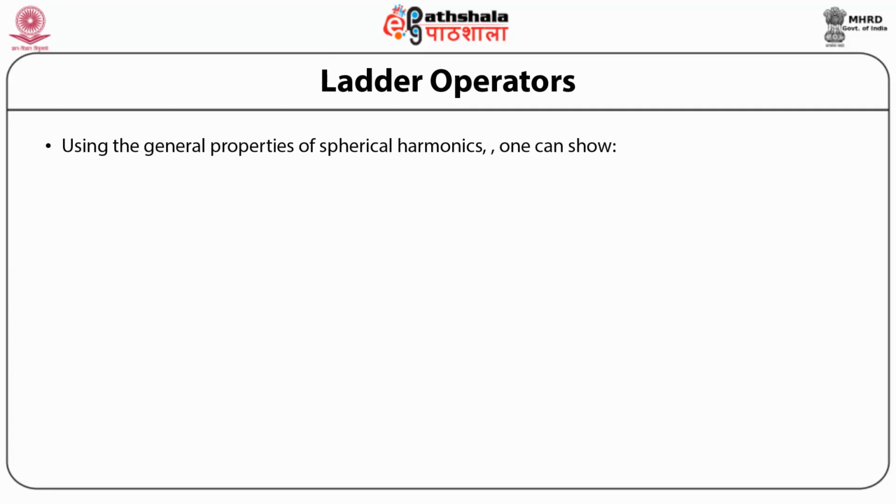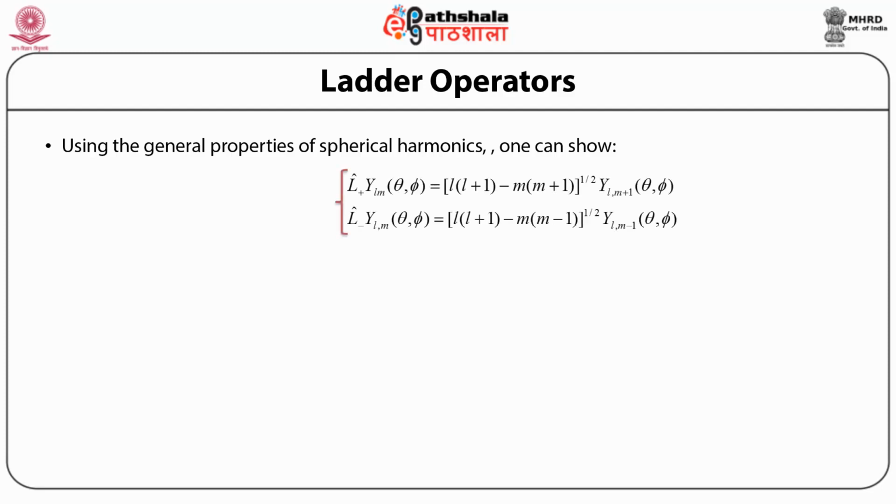Now, using the general properties of spherical harmonics, we can show that operator L plus acting on Y_lm(θ, φ) is equal to the square root of [l(l+1) − m(m+1)] times Y_l,m+1(θ, φ).